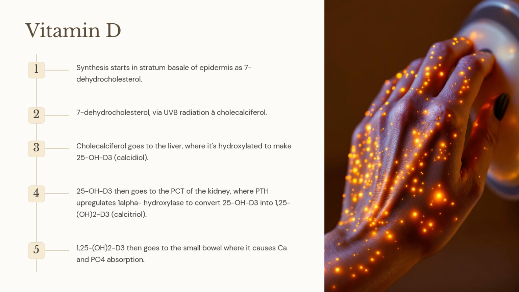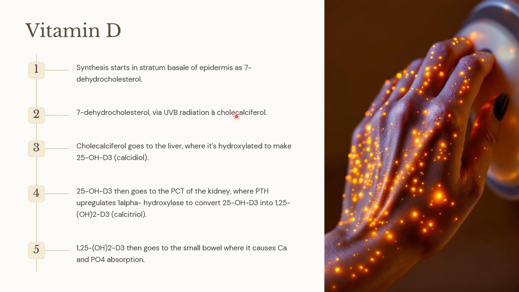How are vitamin D, calcium and 1,25 dihydroxycholecalciferol all related? That's what we are going to see now. The synthesis of vitamin D will start in the stratum basale of the skin. The skin contains cholesterol. So when the skin is exposed to UVB radiation, the 7-dehydrocholesterol can get converted by UVB radiation to cholecalciferol.